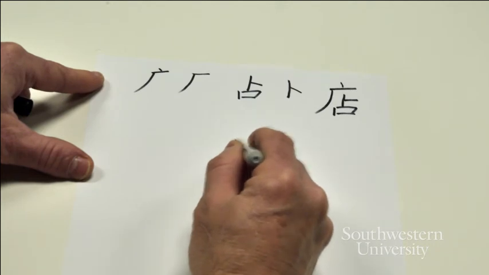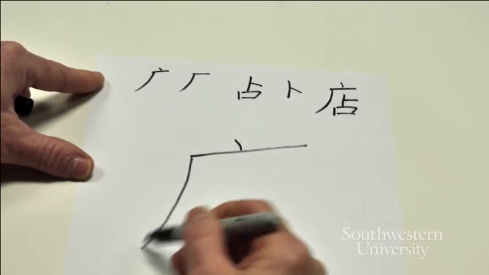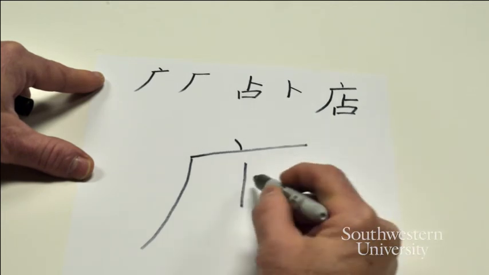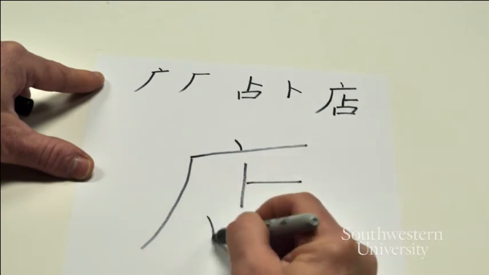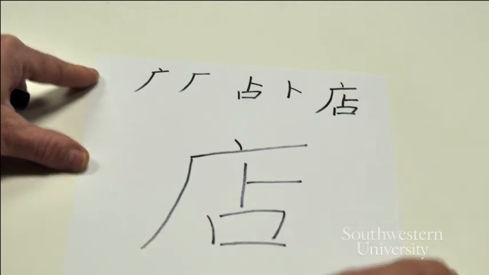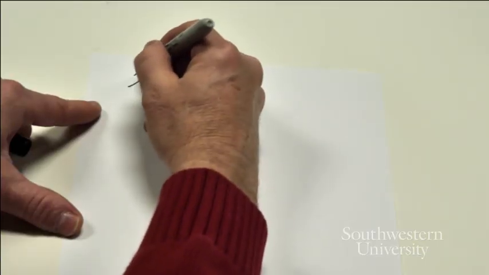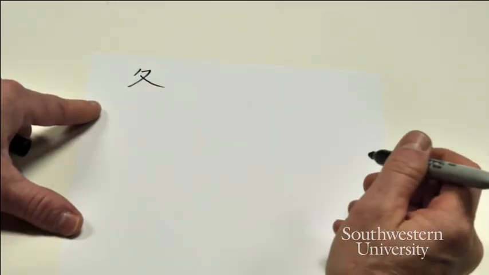So here is our dot on the top, heng, pie, shu, heng, shu, heng, zhe, heng, dian. And now we have tiao. This component here is usually zhi, which means a foot.